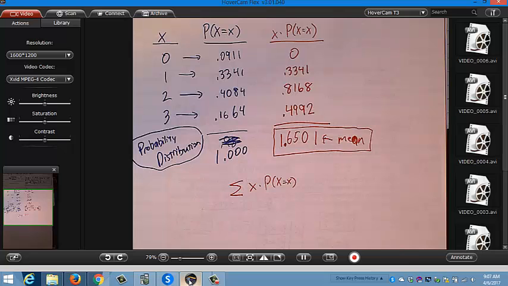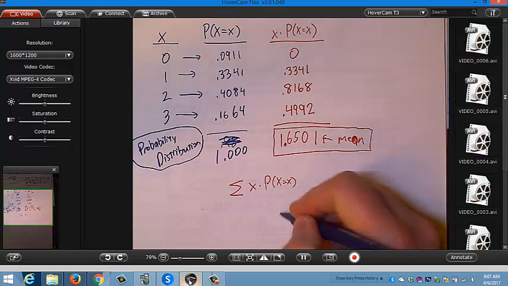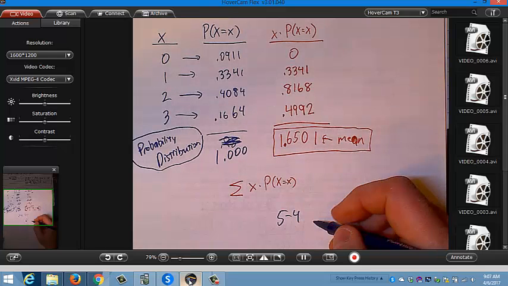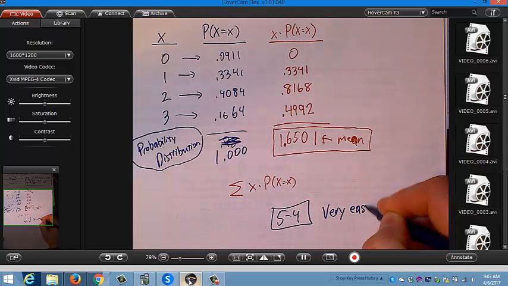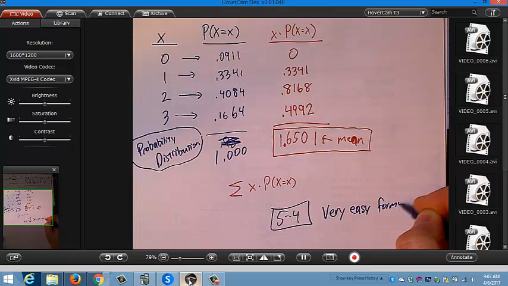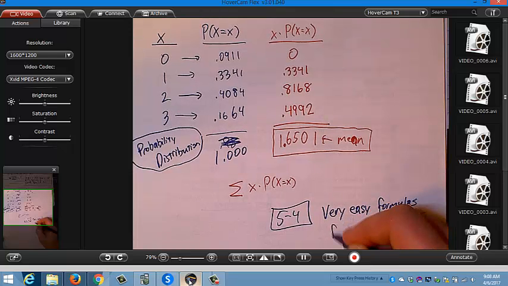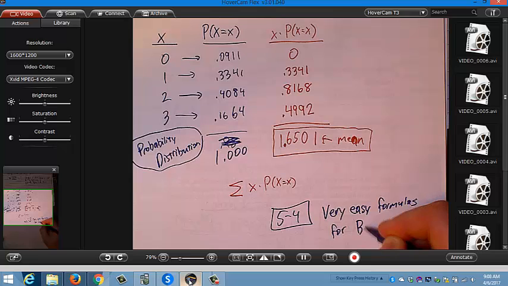Now, this goes to Sierra's question. Because in 5-4, we have very easy formulas for binomial PDF.